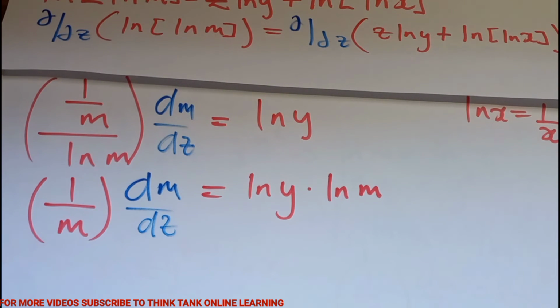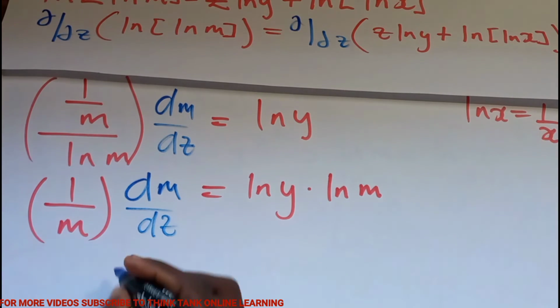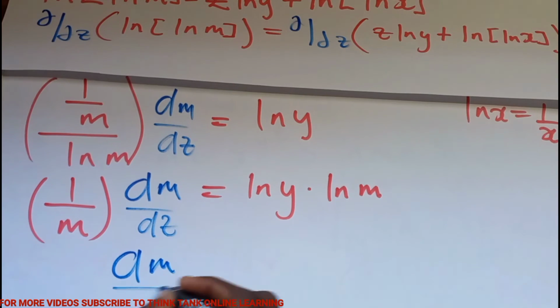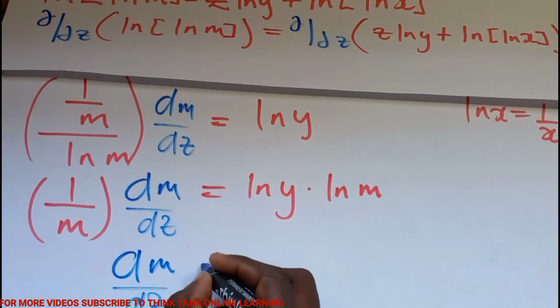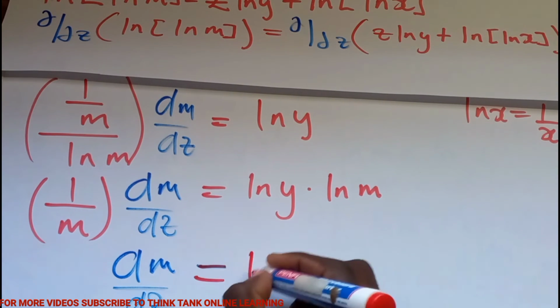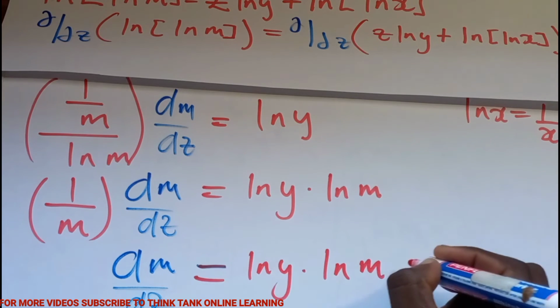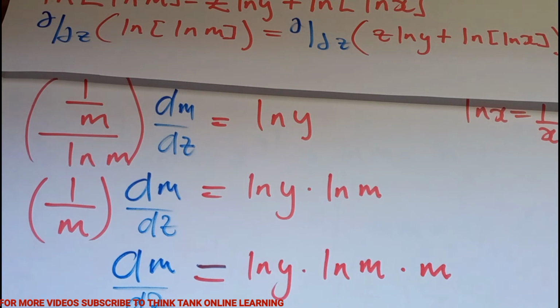Then what next? I'm going to multiply both sides by m, and I'm going to be left with dm/dz is equal to ln y ln m times m. Okay, and now we're good.